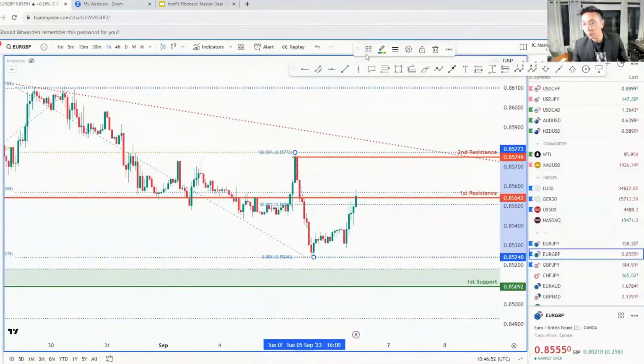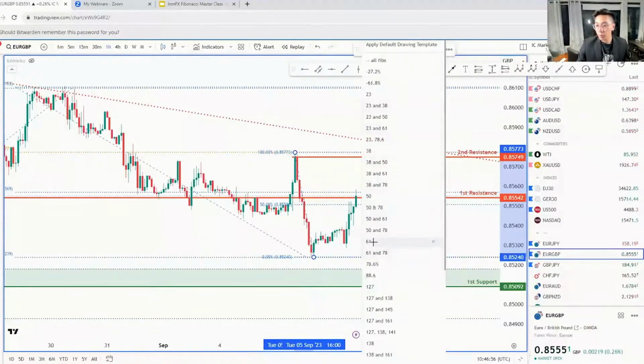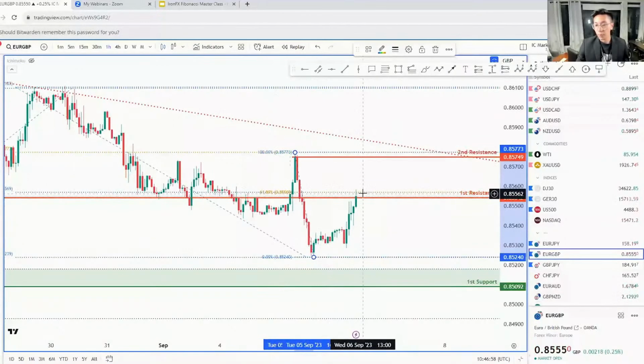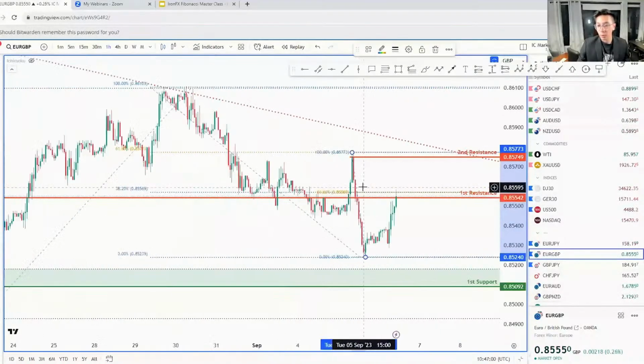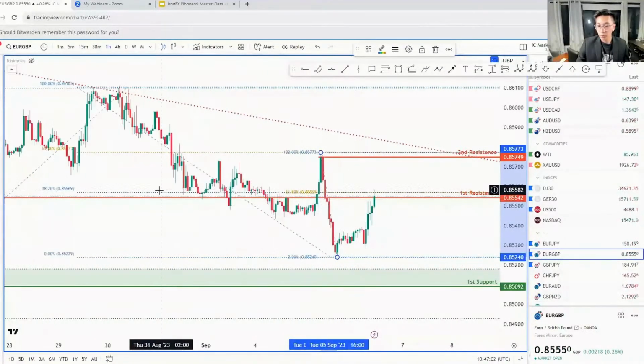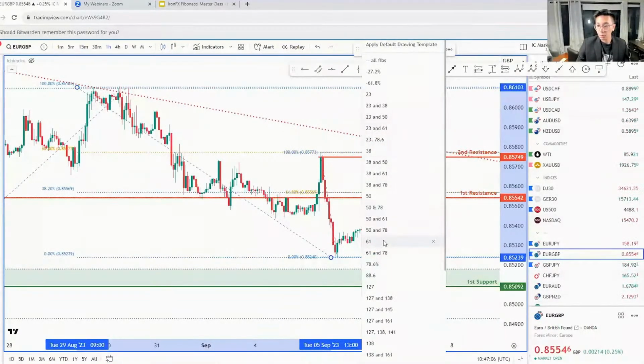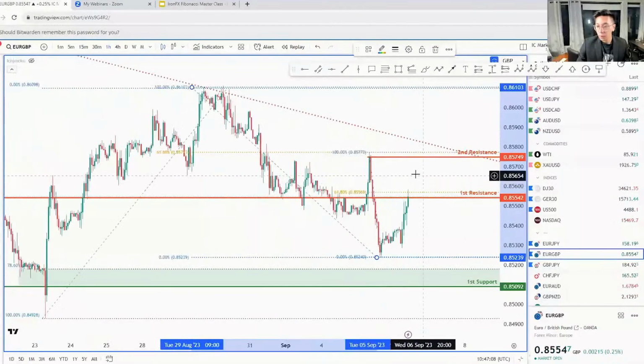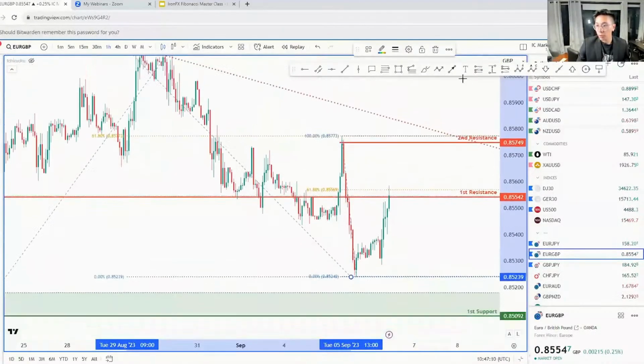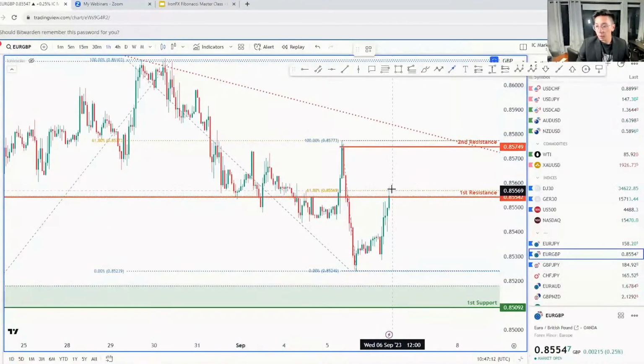Okay, so you shouldn't have to use, I think price is now reacting to 61.8. Yep, price is reacting to 61.8% Fib retracement. Okay, this one should also be 61. All right, so what we're looking at for EURGBP, ideally, for it to come down, right?